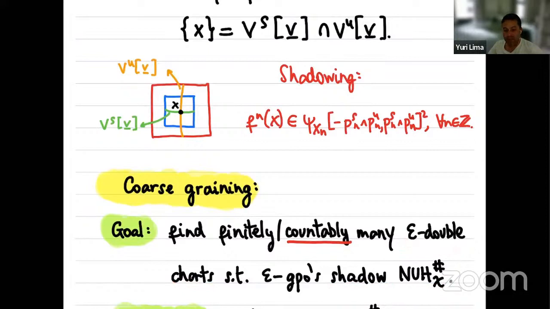So this is a kind of discretization argument that allows us to go from original orbits to pseudo orbits that still shadow everything that we want.